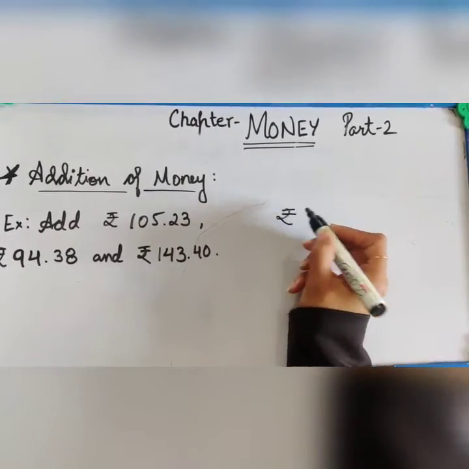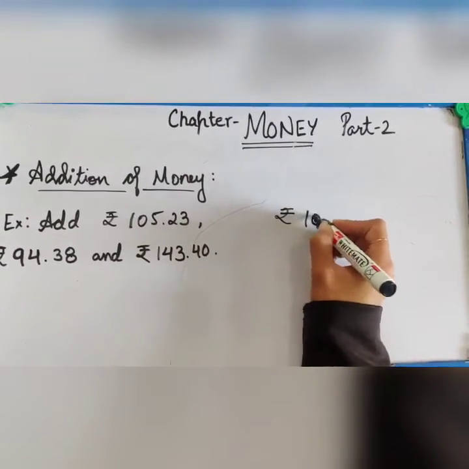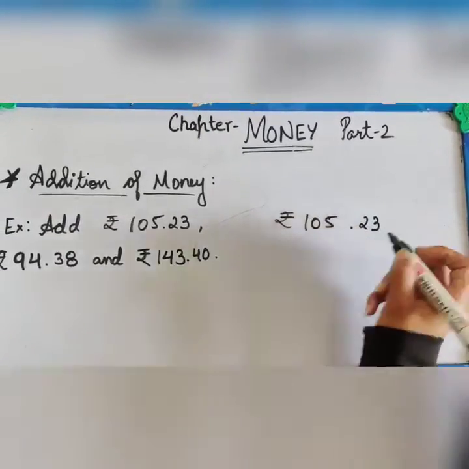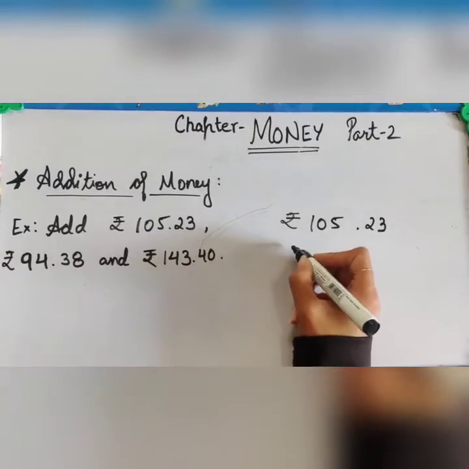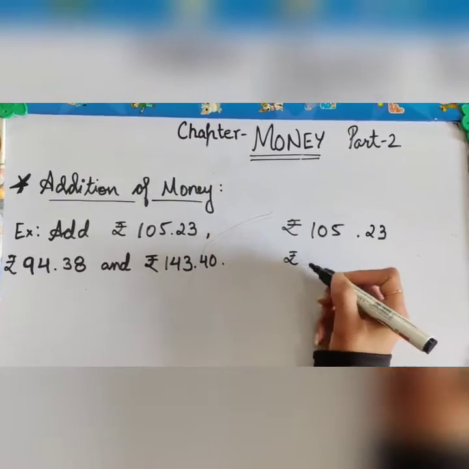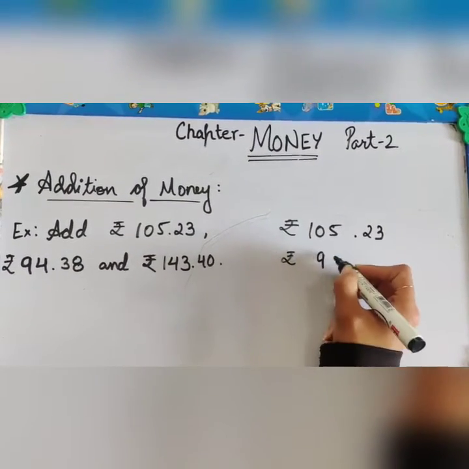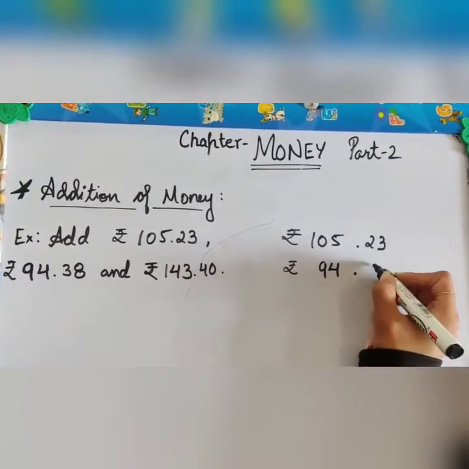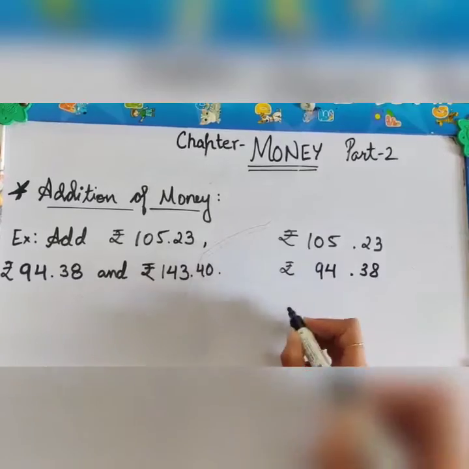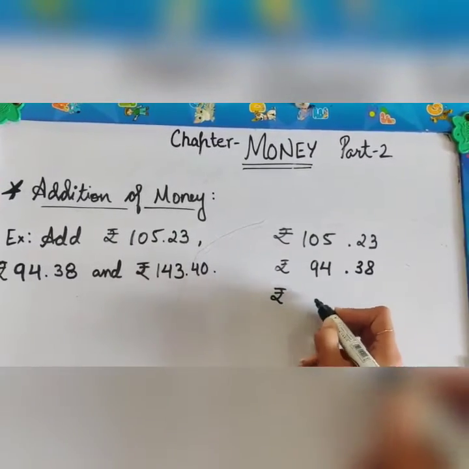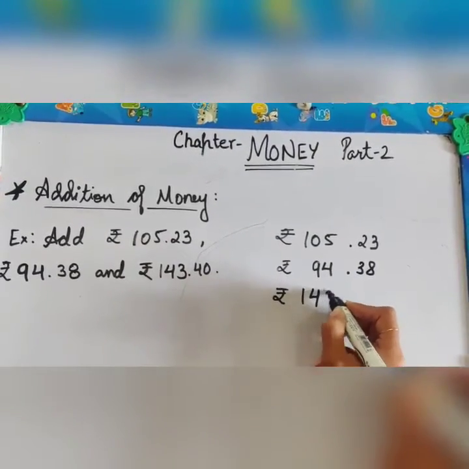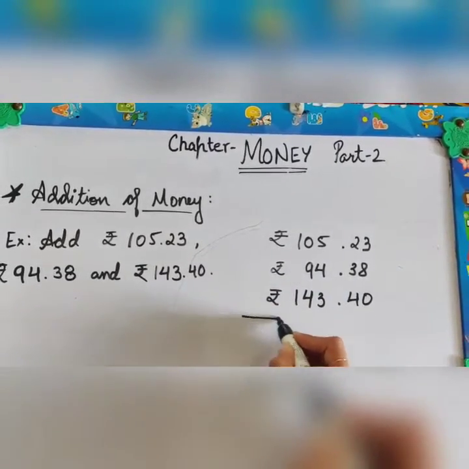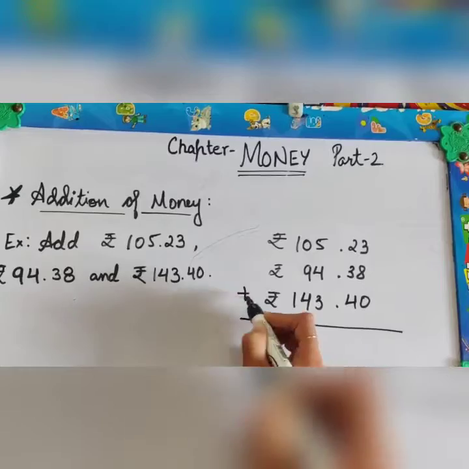We will write the sign of rupees, then the amount 105.23, then the next amount, the sign of rupees below it, then 94, then the dot below the first dot, then the amount of paise. Similarly we will write the third number, 143.40. We will draw a line, then the sign of addition.